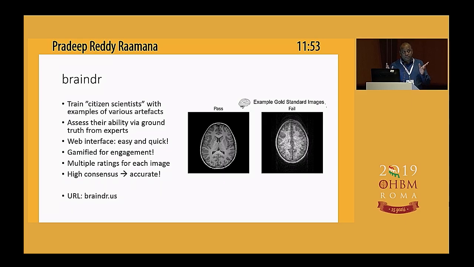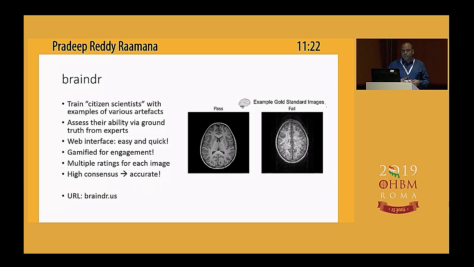In fact, I don't think so, because certain aspects of QA and QC require a lot of training and familiarity with the data. But for certain simple applications, for example, distinguishing between a good quality T1 MRI on the left and a very bad scan on the right, I think it can be done by most reasonable people if you train them well. In fact, that's what this app tries to do.